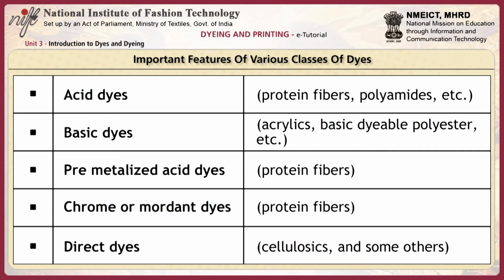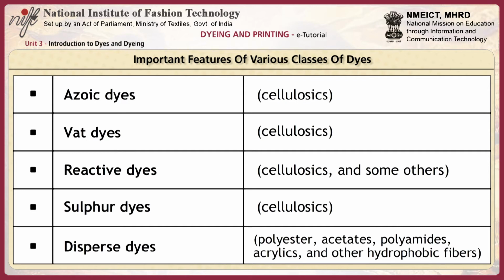Direct dyes. These dyes can be used for cellulosic materials like cotton, linen, flax, hemp and jute fibers. Azoic dyes. This also can be used for cellulosic fibers like cotton, linen, jute, etc. Vat dyes.